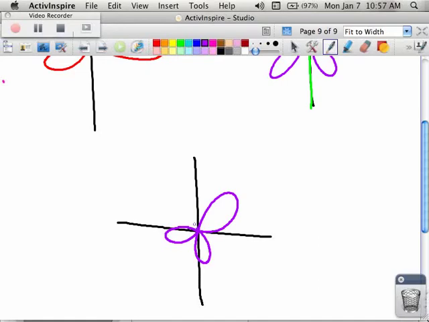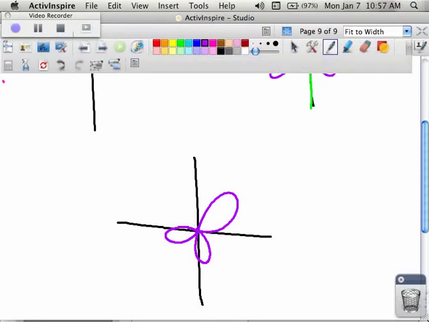Something like that. No, that looks bad. I think I know. Maybe. Try again.